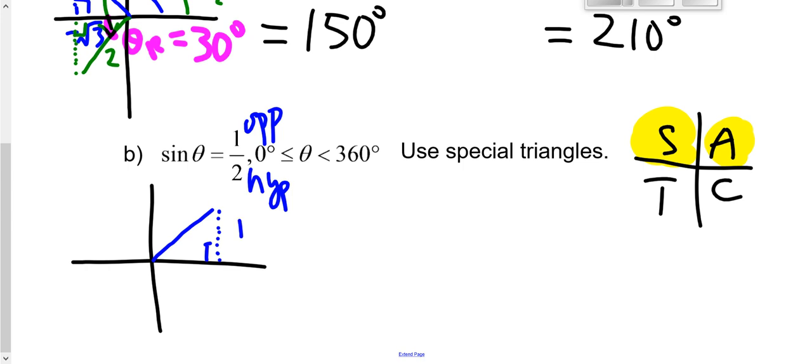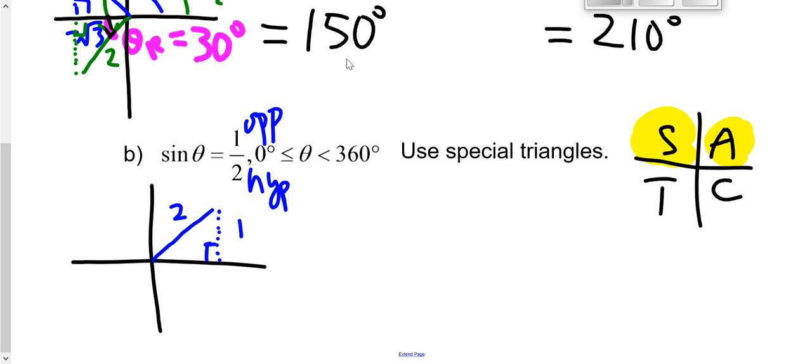The hypotenuse is 2. And of course, we can use the Pythagorean theorem to figure out the other side, but the question says use special angles, use special triangles. Usually, we would not be that picky. You can use Pythagorean, a squared plus b squared equals c squared, and then take the square root and figure this out. But let's apply special triangles.